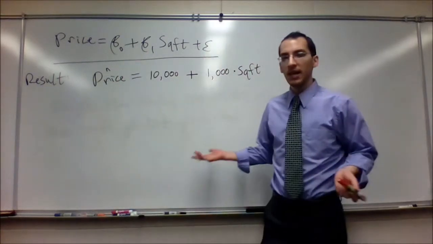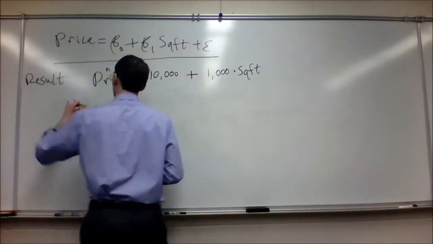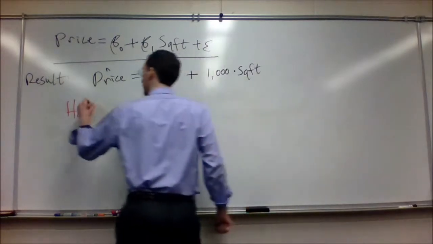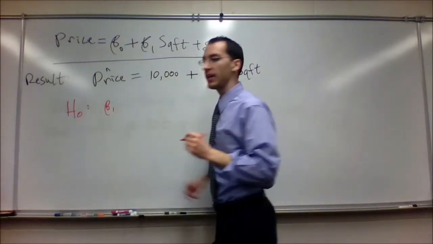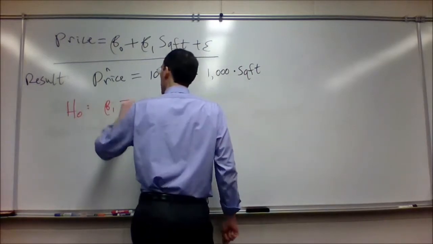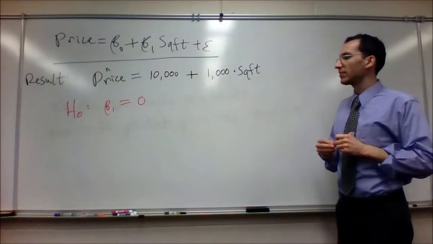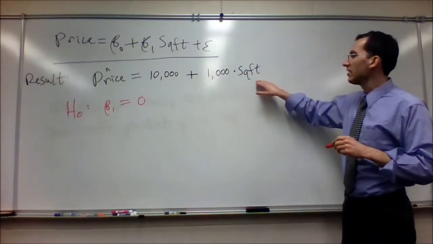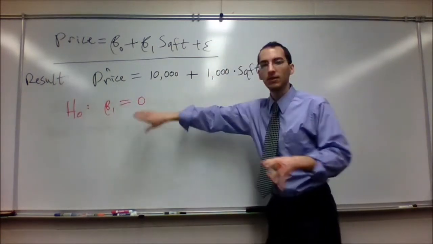As you might be able to guess for a null hypothesis, on just this variable here, we're going to start and say that beta 1 is equal to 0. That's our null hypothesis. Our null hypothesis is saying that the impact of square feet on price is 0.